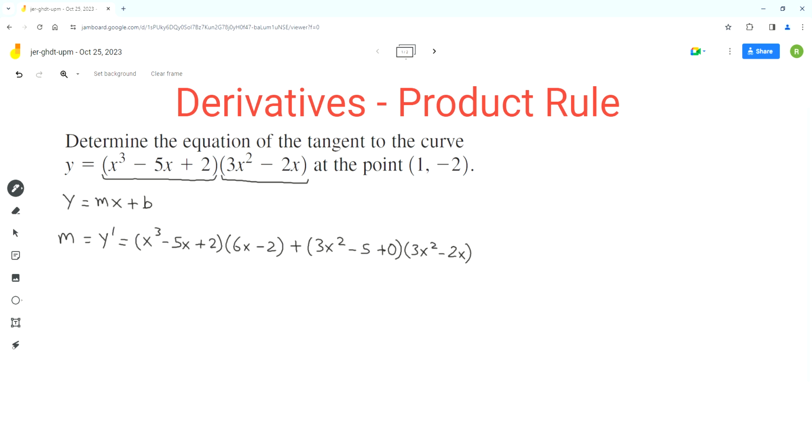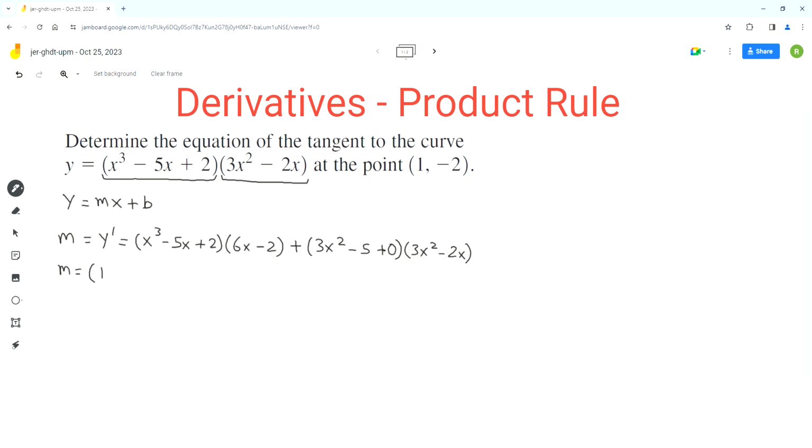Now we have to find the equation of the tangent which touches the curve at the point 1, negative 2. So we can find the slope of this tangent by subbing in x as 1 in this expression. We don't have to simplify it, and that will save us some time and steps. So m equals, we sub in x as 1.